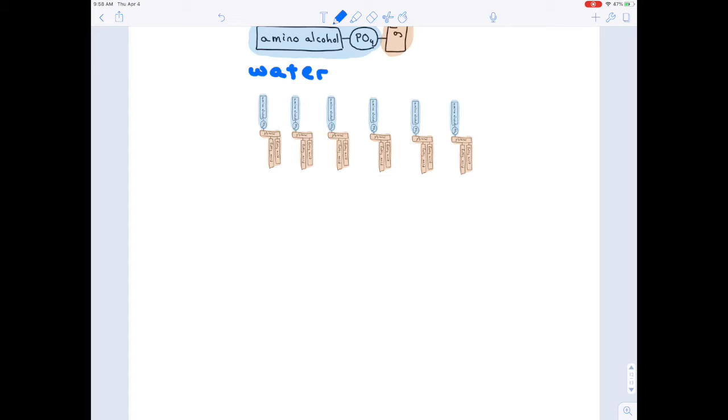So there's another layer, and in the second layer, you take these phospholipids again, and they turn, and the nonpolar tails all face each other.